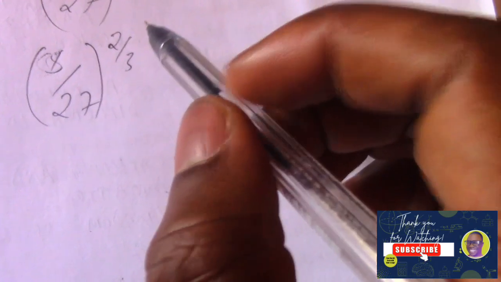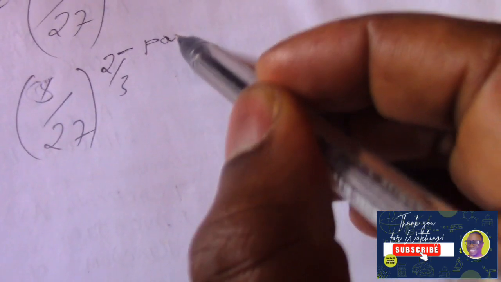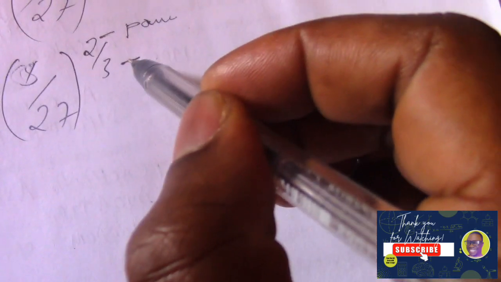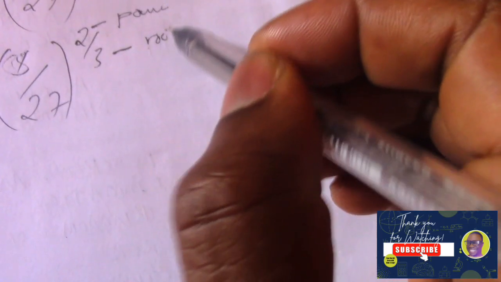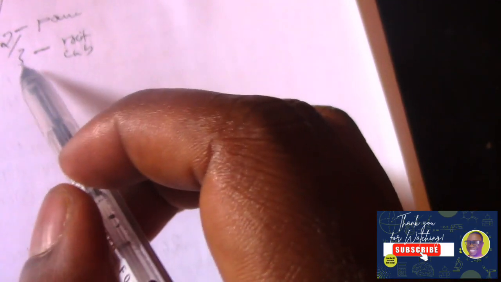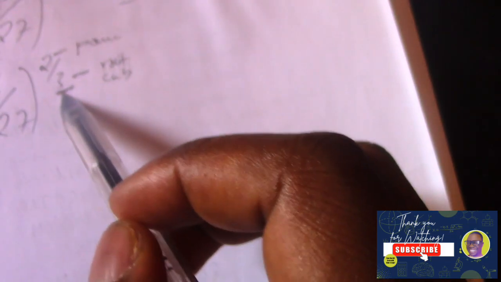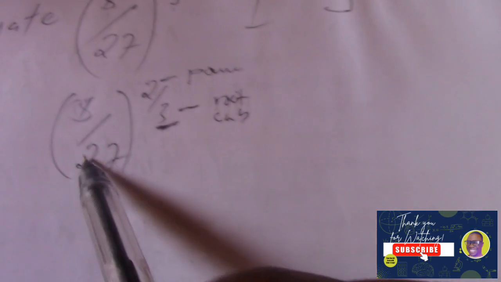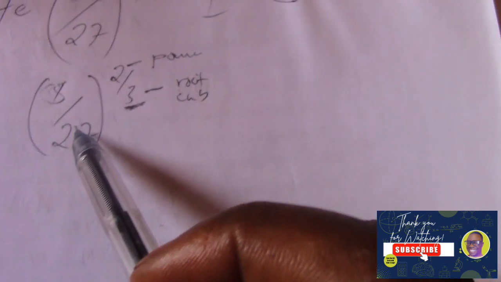Make sure you understand that the numerator of the exponent is the power, and the denominator is the root or cube root. Once you reach this stage, the question requires us to change this form.